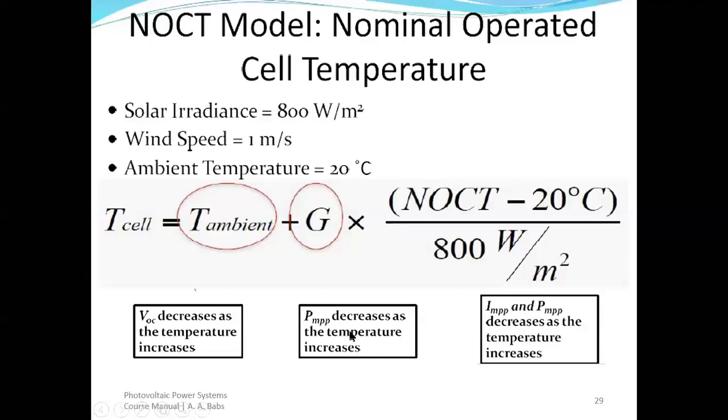We also don't want this to happen because this reduces the efficiency of the system. Eventually, it reduces the output, the amount of power we can get from the module or from the PV system or power plant. Then the current, maximum current and maximum power decrease as the temperature increases. So when temperature increases excessively, it's not a good thing for the PV system.